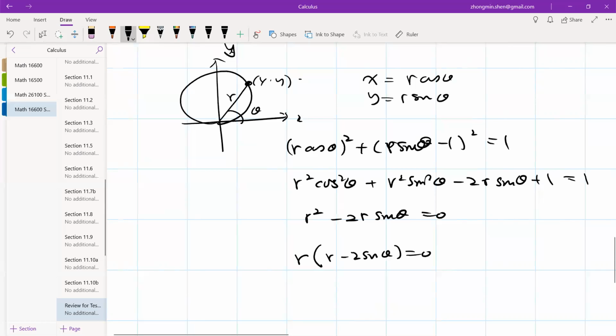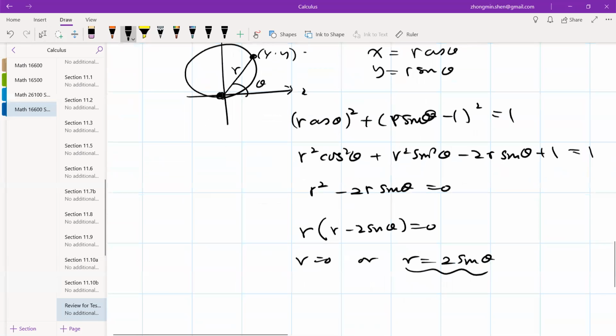So I have r times (r minus 2 sine theta) equals 0. So either r equals 0, which means this is the origin, or r equals 2 times sine theta. r equals 0 is just the origin point. But r equals 2 sine theta also gives the origin when theta equals 0, right? So this really describes the whole circle.